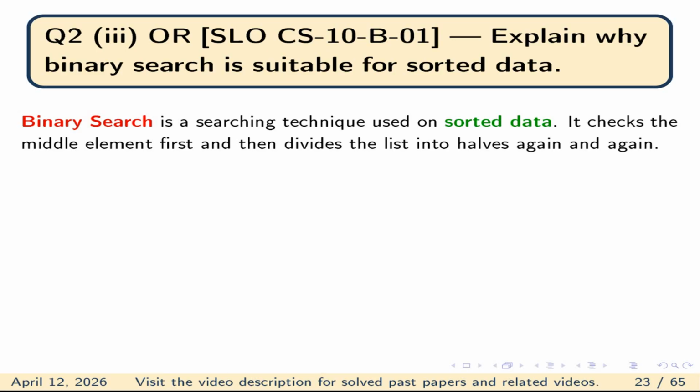Third part, alternate question is, explain why binary search is suitable for sorted data. Binary search is a searching technique used on sorted data. It checks the middle element first and then divides the list into two halves again and again.